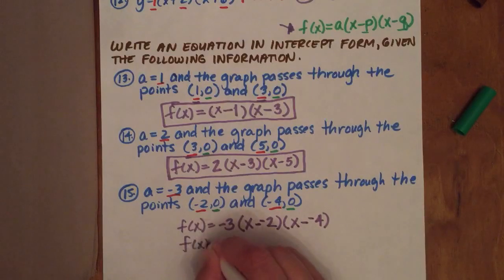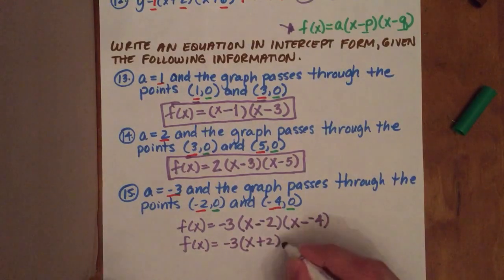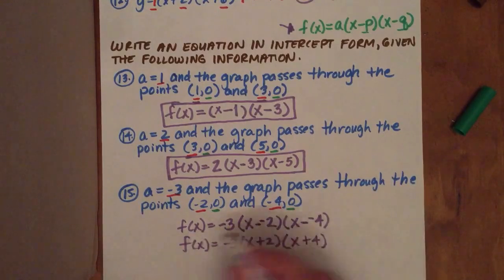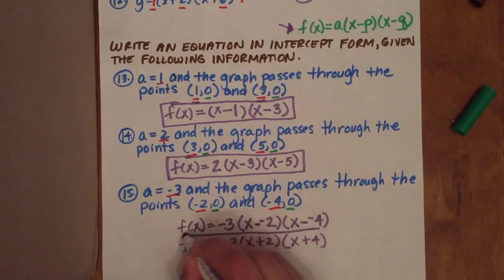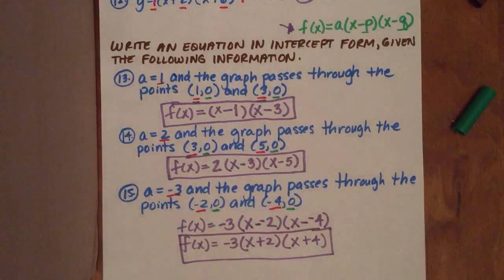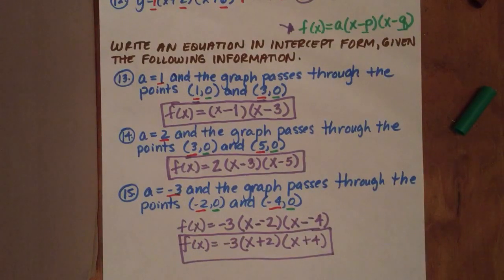Well, it changes to a positive. So I have negative 3. I can change minus a negative 2 to plus 2. And I can change minus a negative 4 to plus 4. And that is our final equation in intercept form with an a value of negative 3 and roots of negative 2 and negative 4. And that's all on the first part of the review for intercept form.